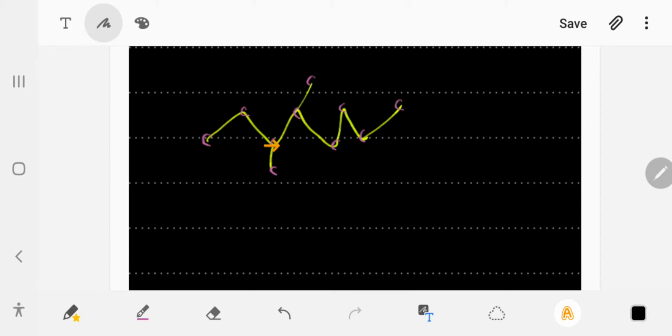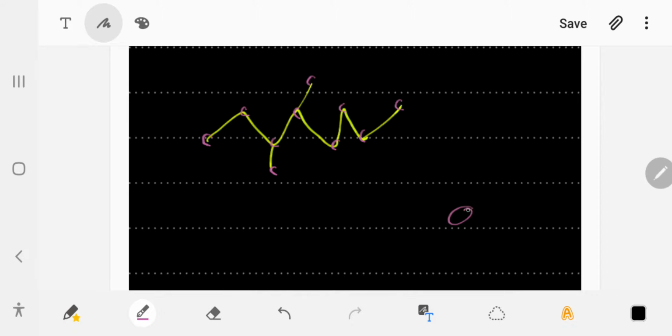Or 1, 2, 3, 4, it will be stopped. 1, 2, 3, 4, 5, 6, 7, stopped. 1, 2, 3, 4, 5, 6, 7, 8. Obviously, this is the longest chain. So we have 8 carbon atoms.